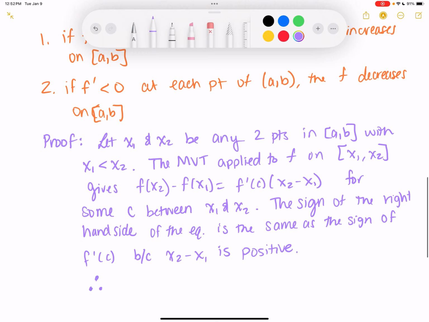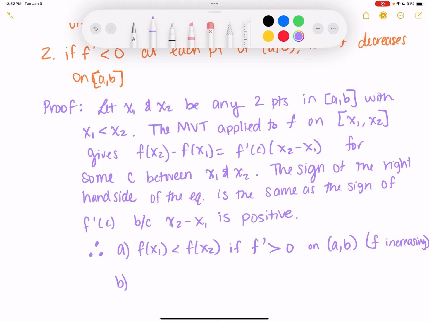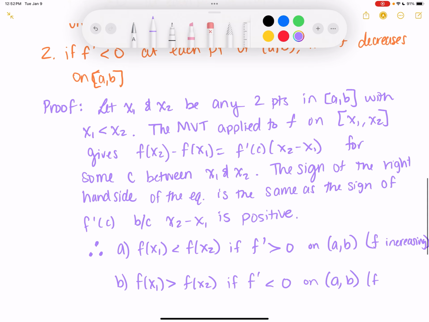Therefore, so when you see the three little dots in the triangle, in case you've never seen it before, that means therefore, part 1, f of x1 is less than f of x2 if f prime is greater than 0 on the open interval a to b, which implies that f is increasing. And part 2, f of x1 is greater than f of x2 if f prime is less than 0 on the interval a to b, then f is decreasing.